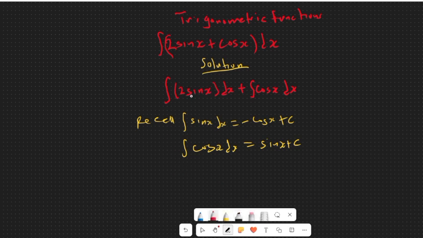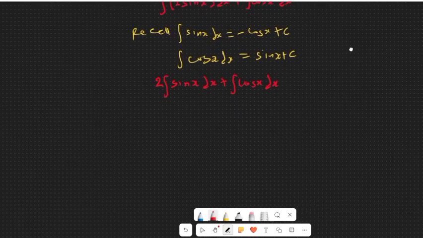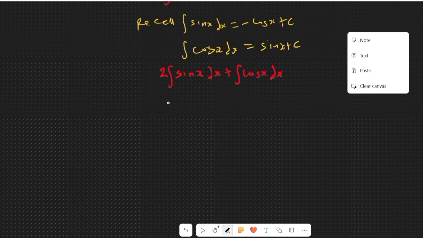So let's apply it to this. This 2 can be brought out like this. So we have 2 integral of sine x dx plus the integral of cos x dx. Let's continue with it.